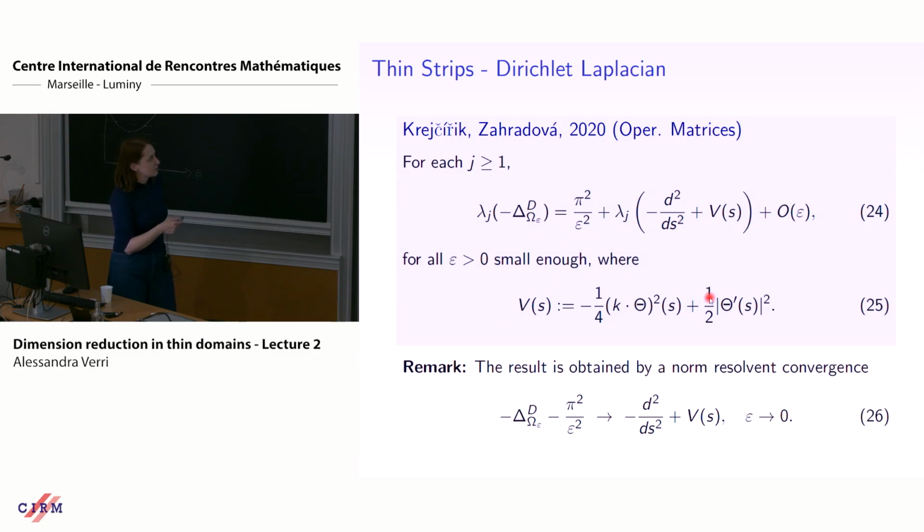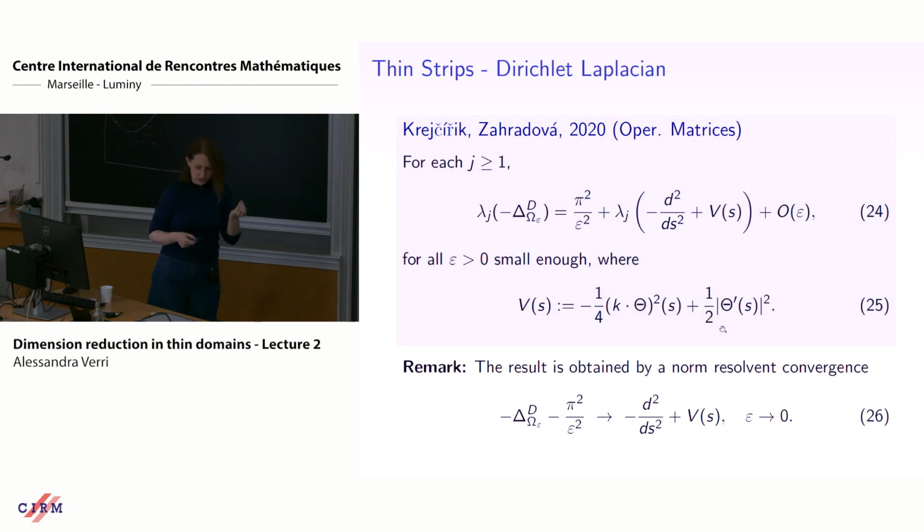In this expression, we have this term that comes from the renormalization, and here we have the values given by the minimax principle of this one-dimensional operator, the Laplacian plus a potential that depends on k theta and theta prime, the bend effect and the twisting effect.